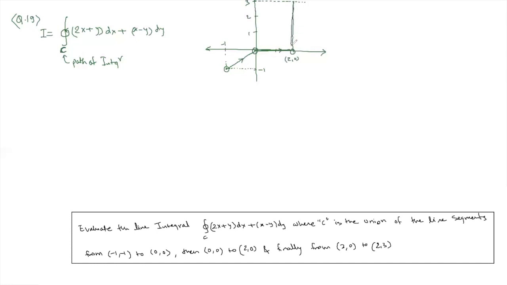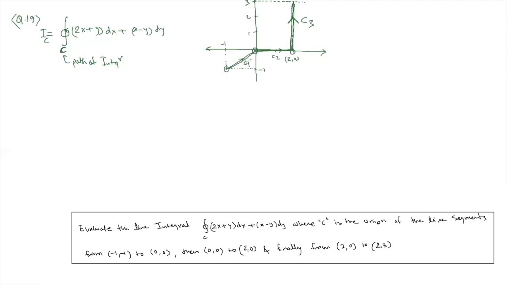So a line integral is always evaluated along a path. So I'm just going to call it C1, I'm going to call this C2 and I'm going to call this C3. And I'm just going to call this I_C. And now this path, the zigzag path here, from here to here to here to here.